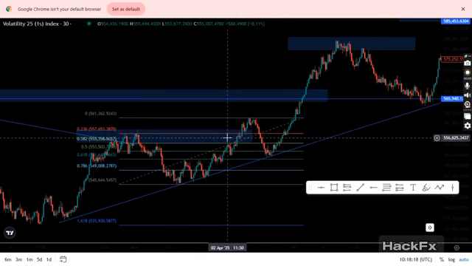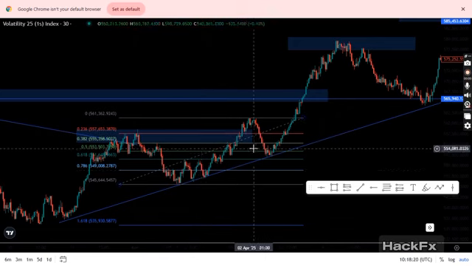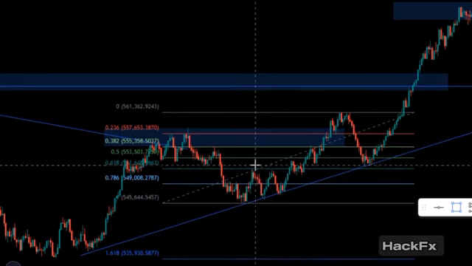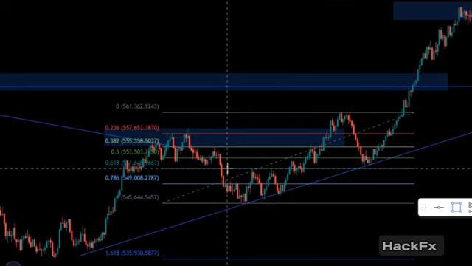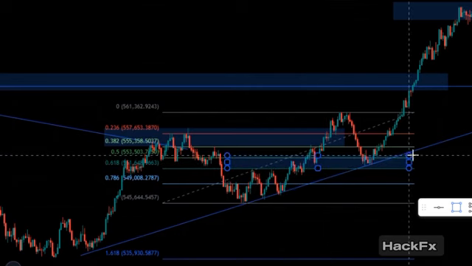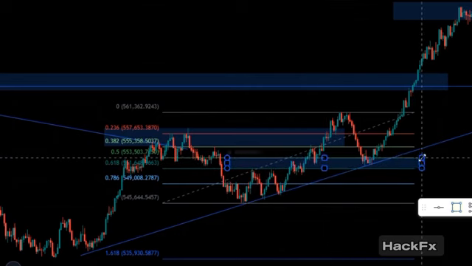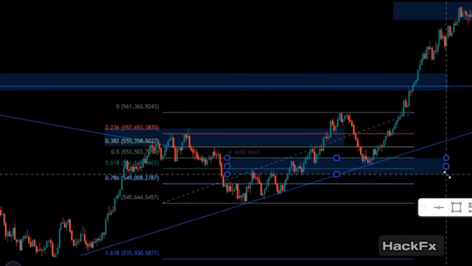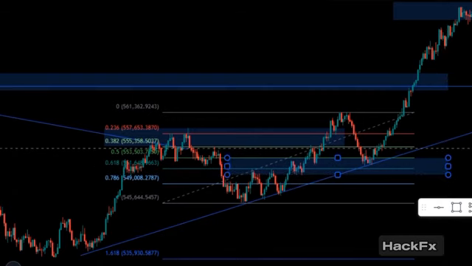So once you confirm this, you look at your zone between 50.0 and 61.8. This is called the golden ratio zone. You see this area is the golden ratio.